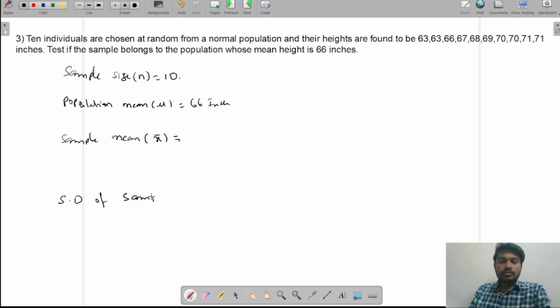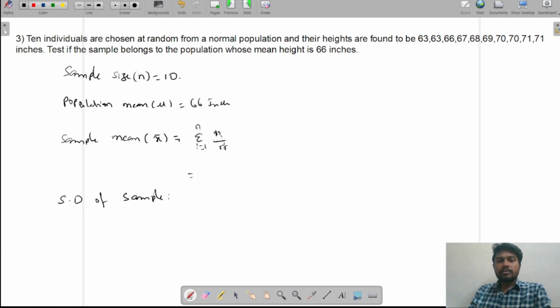So what is the formula for finding the sample mean x bar? What is meant by mean? As we saw a few lectures back, mean is the sum of terms divided by the number of terms. So the formula is summation i equal to 1 to n of xi, divided by n.